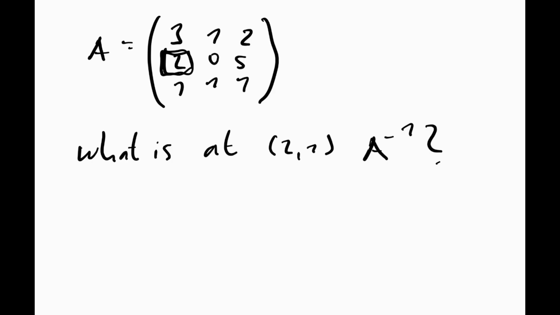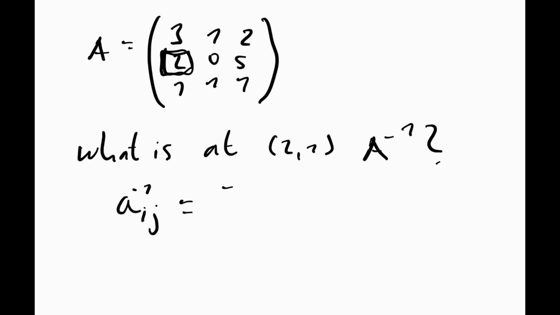Well, the way we get that is we can use the following formula. If we want to get that value, I would say that's going to be A inverse, I, J. So the entry at the location of the ith row and jth column of the inverse matrix of A, how is that calculated?